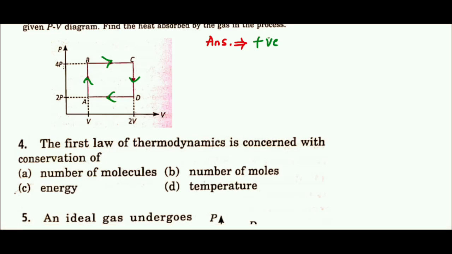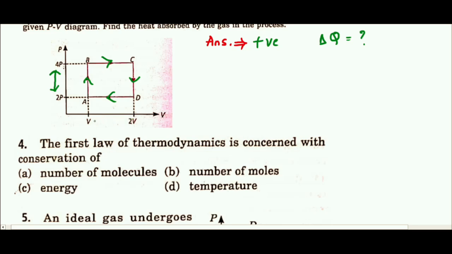So what we have to find here will be delta Q. Work done in the cyclic process is the area of the cycle. So what is the area of the cycle? Up to this much in pressure, and here it will be up to this much, right?